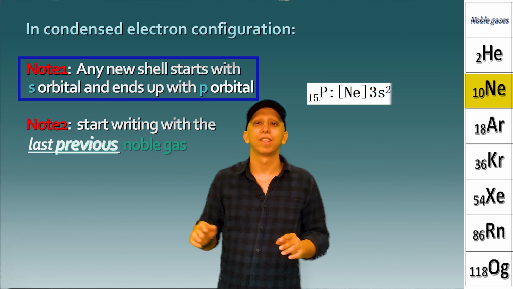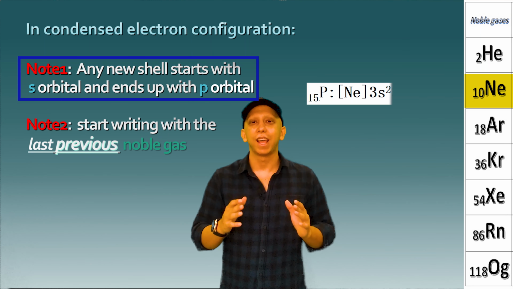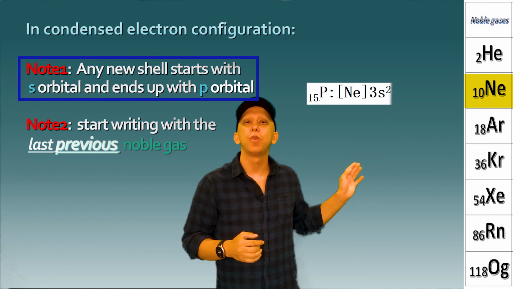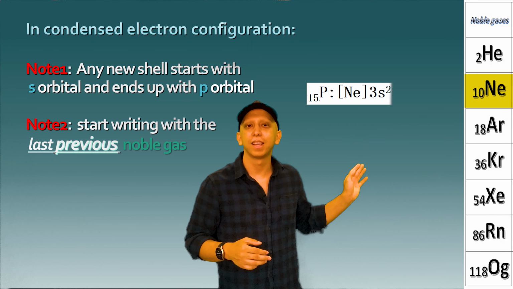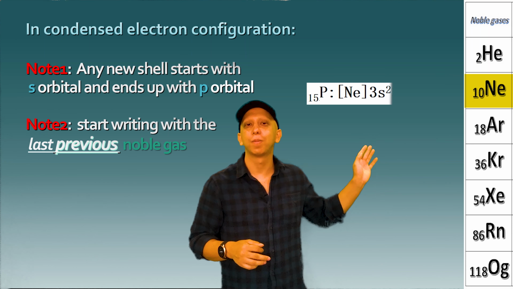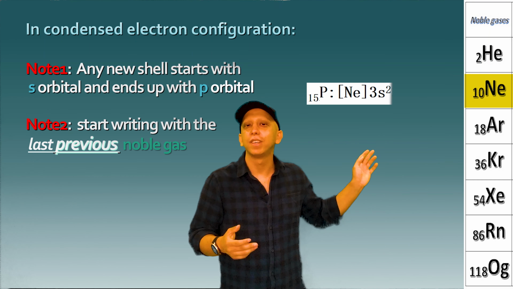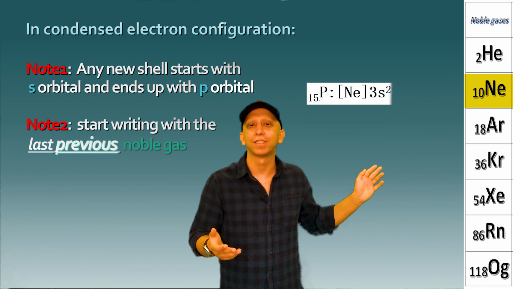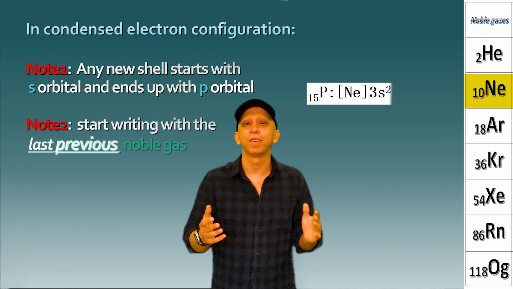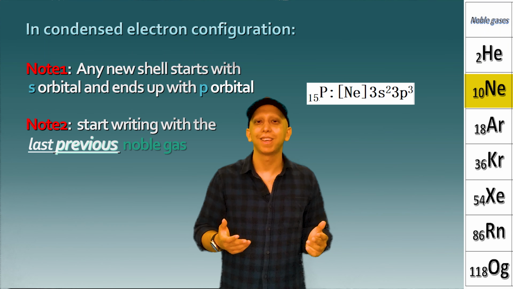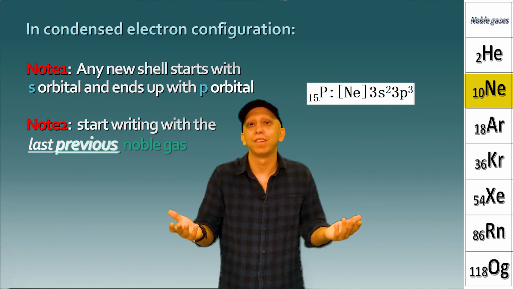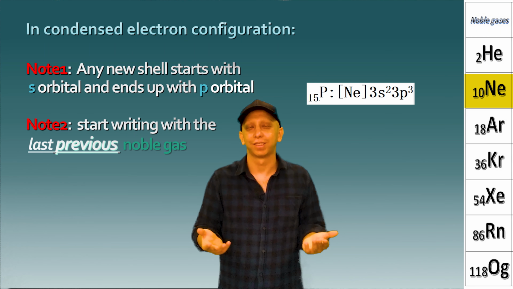As note number 1 says, we have to start any shell with s. Till here, we have 12 electrons, as neon has 10 and we add 2 more by 3s2. So we need only 3 more electrons. And we know after 3s2, we have to write 3p3, because we need only 3 more electrons. It's done.